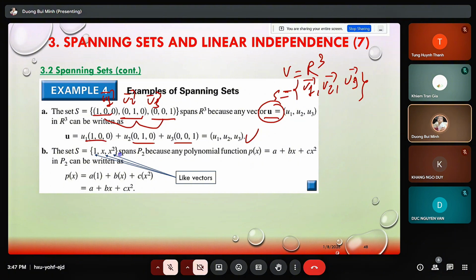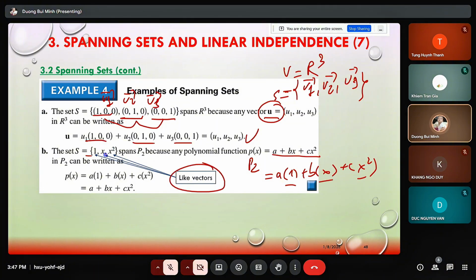So how about this one? This one is also a spanning set. Why? Because we have P2, which shows a format like a plus bx plus cx squared. So A times 1 plus B times x plus C times x squared: how many vectors do we have? 1, 2, 3.